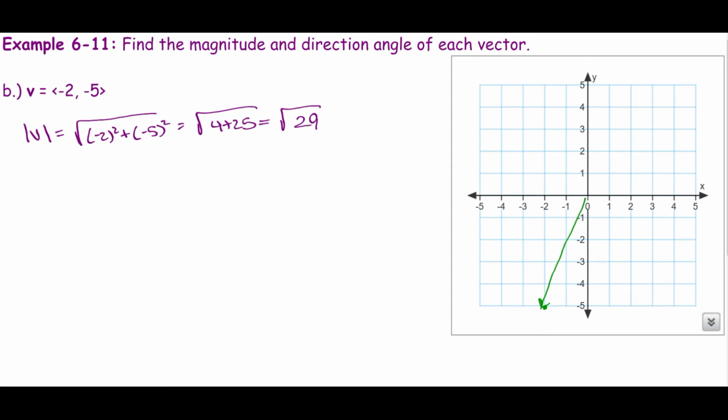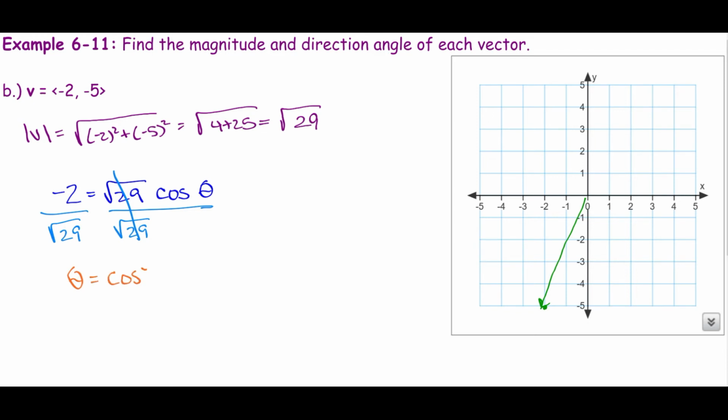Then again, we're going to take the horizontal component, -2, equals the magnitude times the cosine of theta. Divide both sides by the magnitude, and then we're going to get theta is inverse cosine of -2 over the square root of 29. So theta is 111.8 degrees.